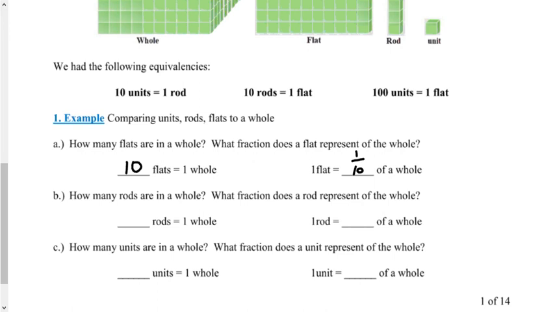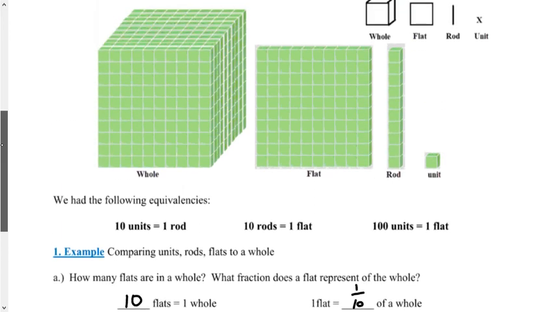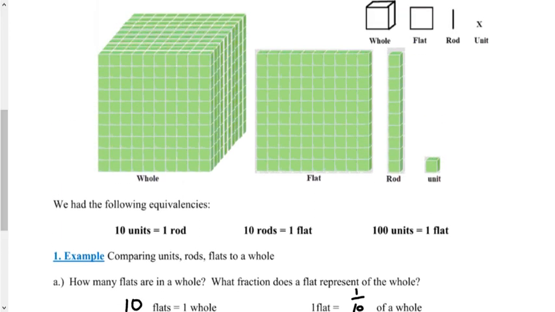Okay. How many rods are in a whole? Well, this one isn't quite as easy to visualize, but with a little bit of multiplication, we figure it out simply enough. We know that there's 10 rods in each flat, and we know that there's 10 flats in the whole.